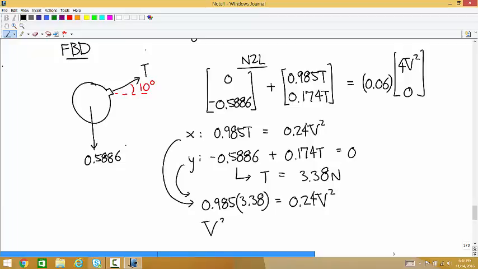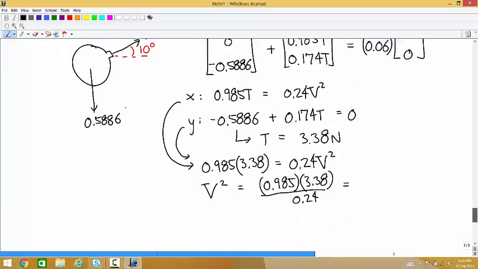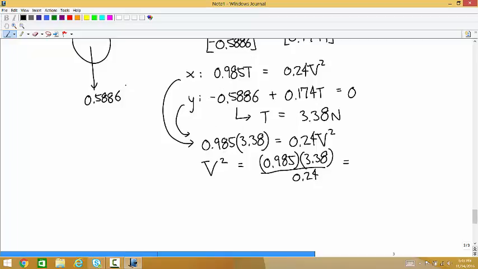So v squared is 0.985 times 3.38 divided by 0.24. What do you get for that? Or just give me v, whichever one. For v.